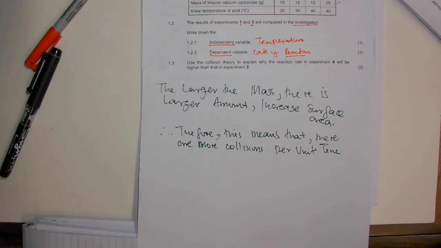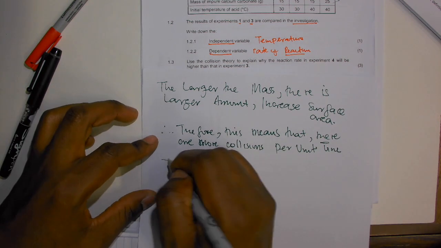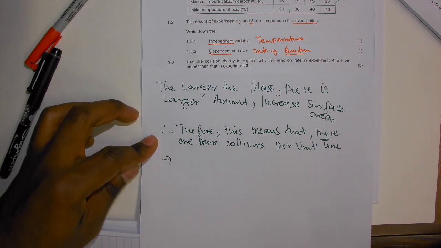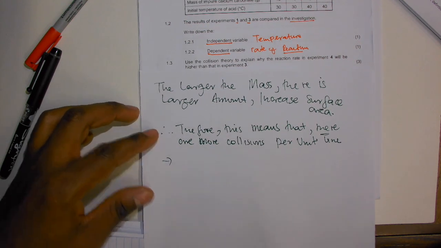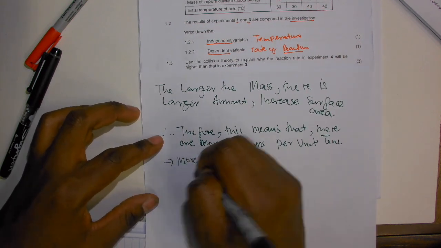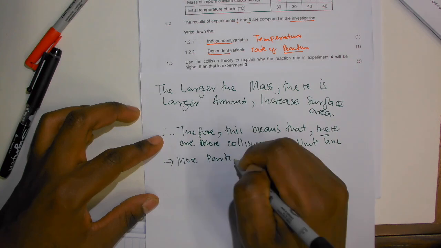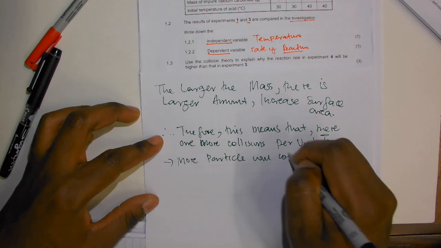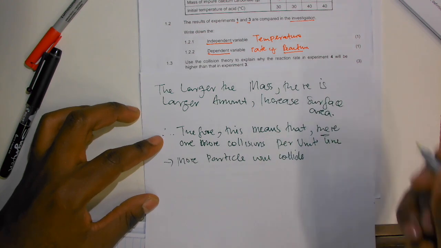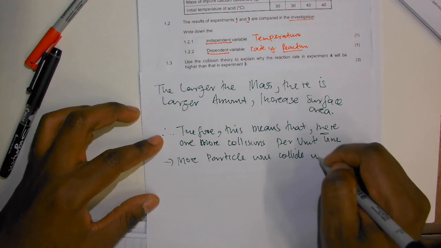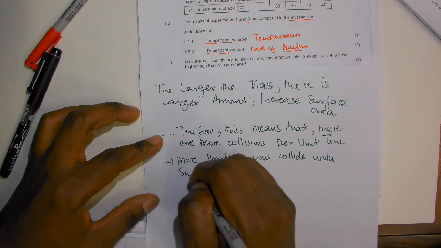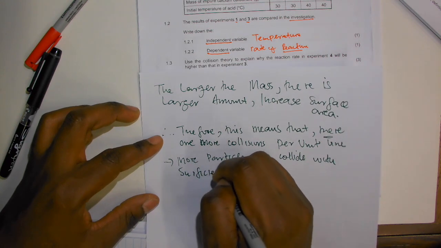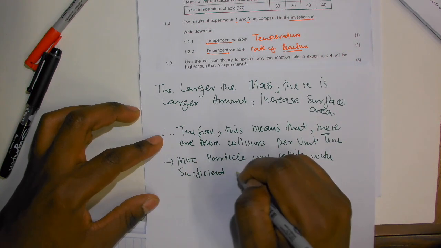Is that okay? When there are more collisions per unit time, what does it mean? You need to then explain the last part. What does it mean when there are more collisions per unit time? It means more particles will collide with sufficient energy.